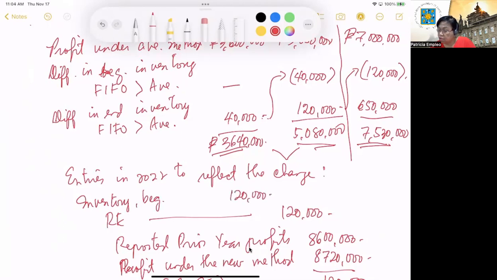If the company uses the perpetual, then this will be debited to the current year cost of sales. Okay, so your beginning inventory must be higher by 120,000. So if the company uses periodic before closing, your beginning inventory, you have to adjust it first. So debit inventory beginning 120, credit retained earnings 120. If the company uses perpetual, then debit cost of sales 120 and credit retained earnings 120.